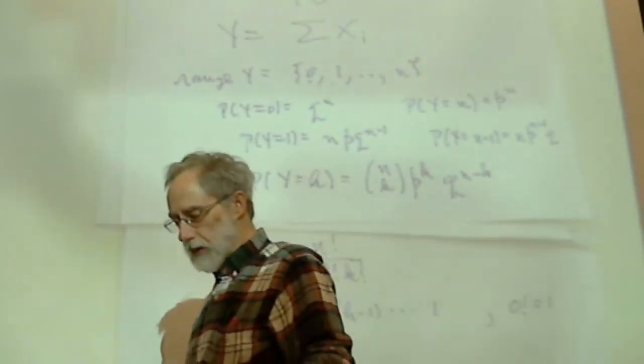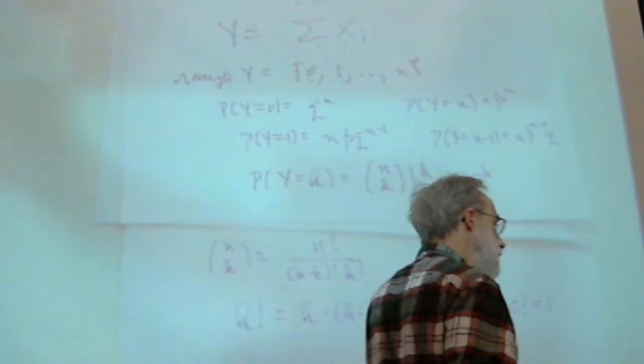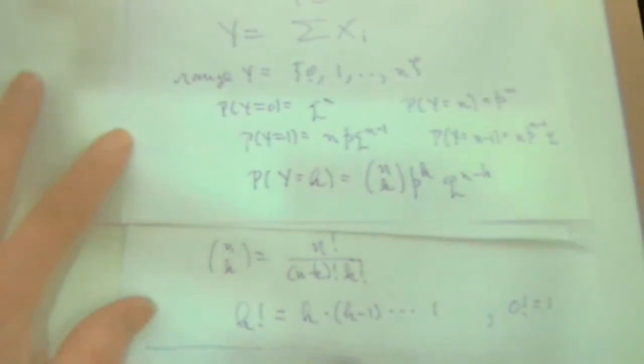And actually, it did more than that because it was in closed form. They ended up with a proof of the central limit theorem for the binomial case.